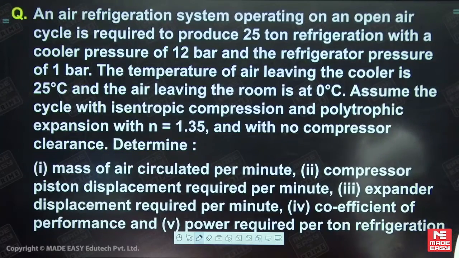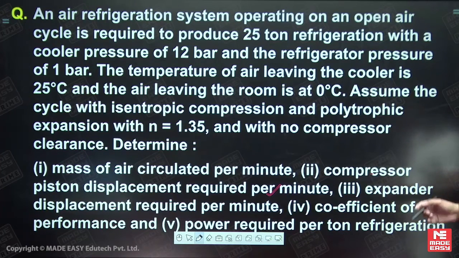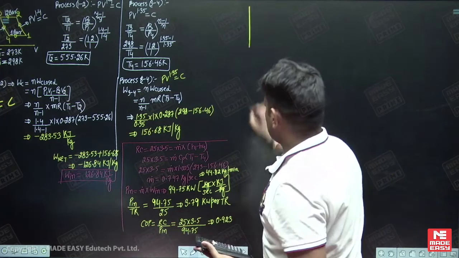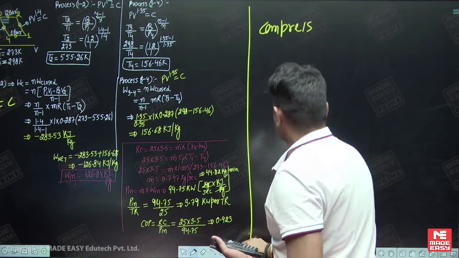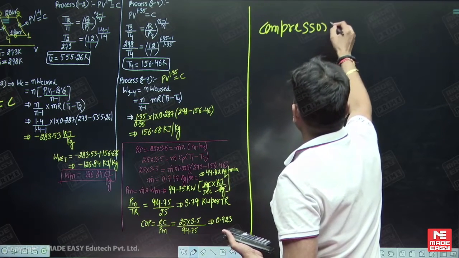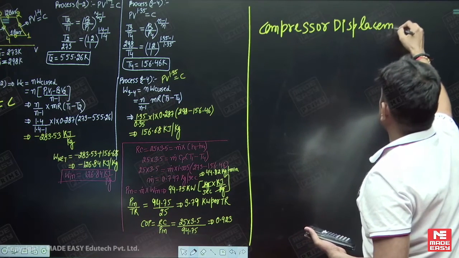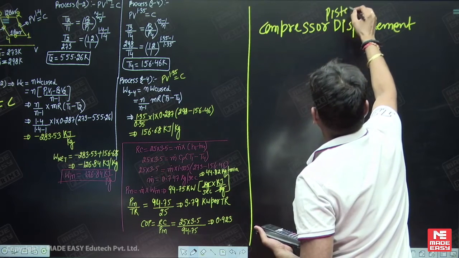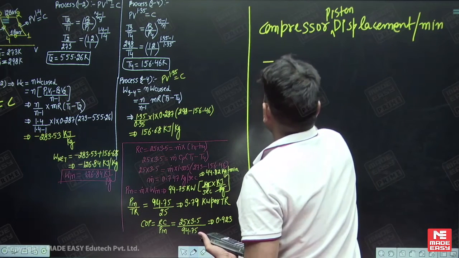Now the last part, two parts are left: compressor piston displacement required per minute, and expander displacement required per minute. So how to calculate the compressor piston displacement? In a single question you are able to understand so many objective questions.